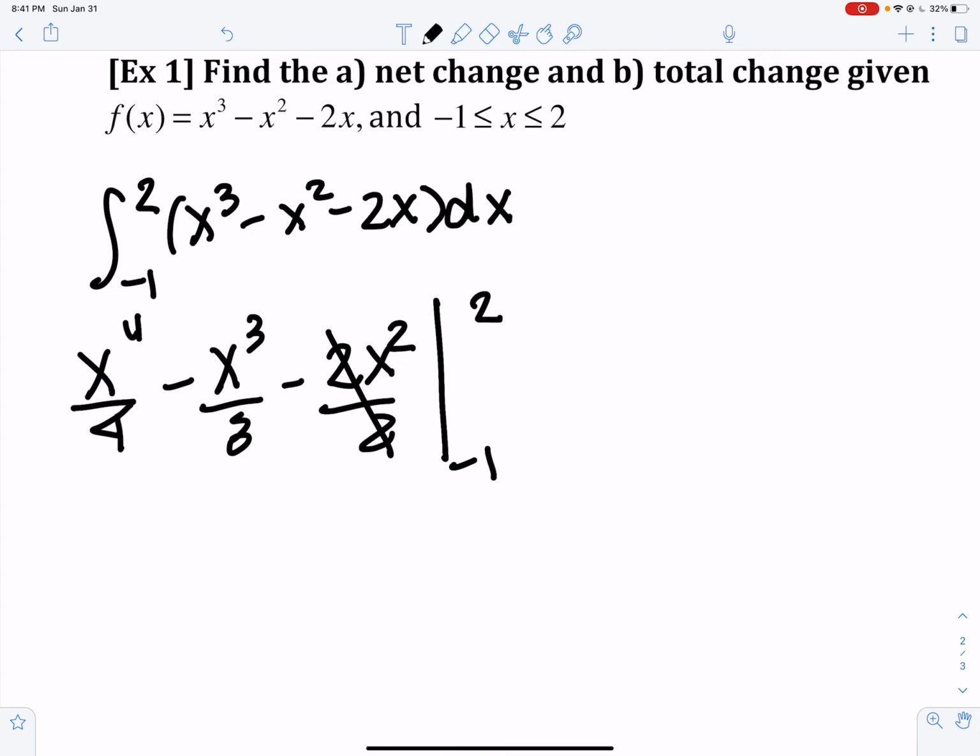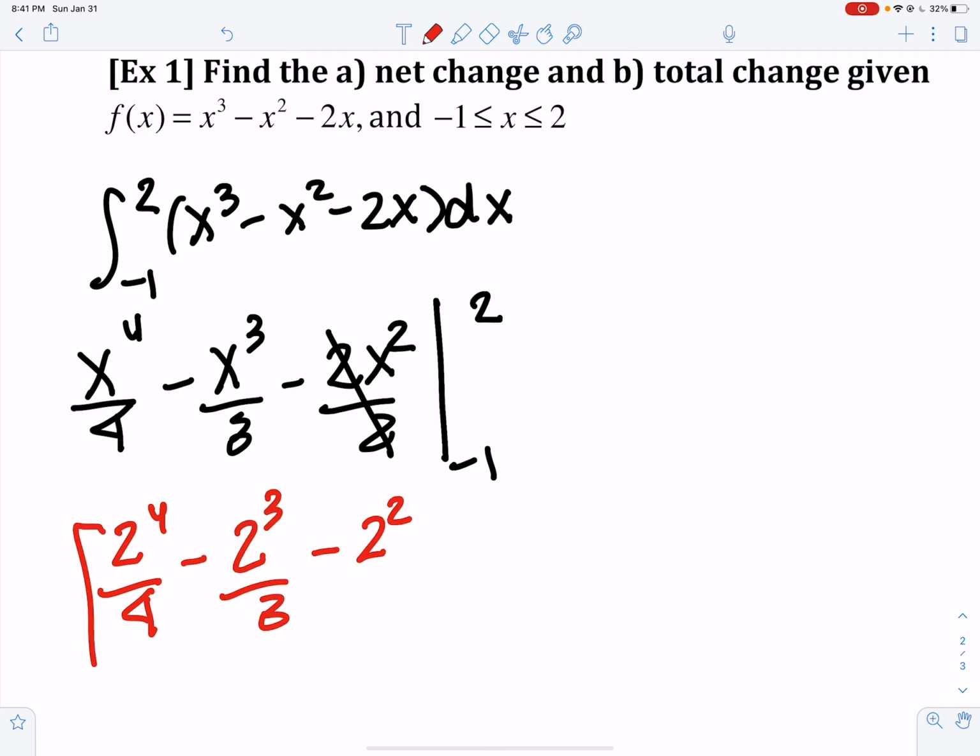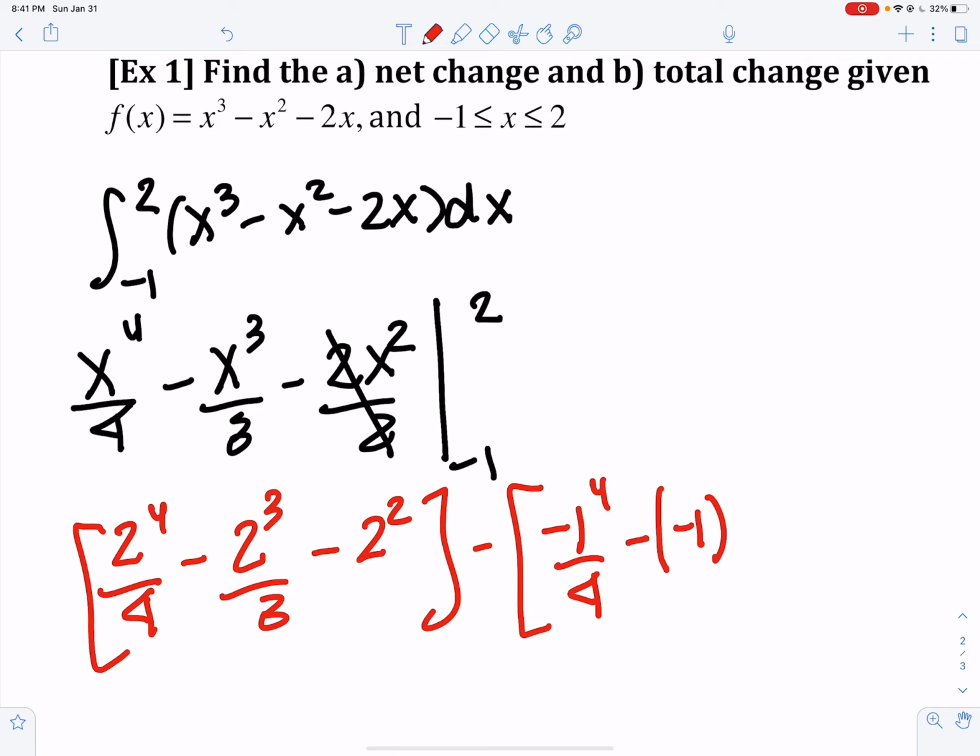So this is 2 to the 4th over 4 minus 2 to the 3rd over 3 minus 2 squared, and then subtract negative 1 to the 4th over 4 minus negative 1 cubed over 3 minus negative 1 squared.